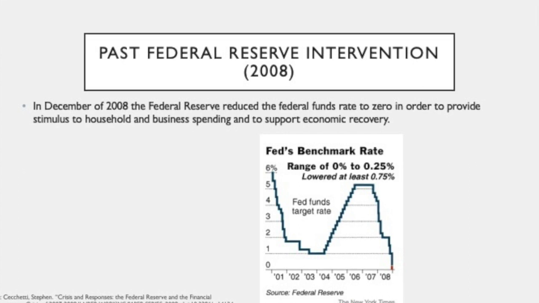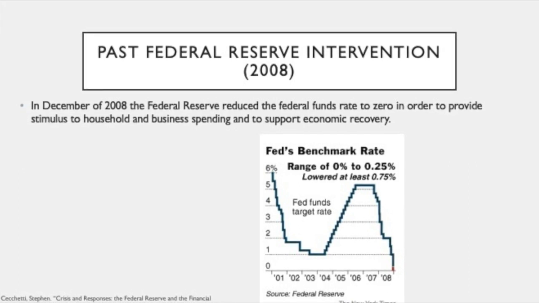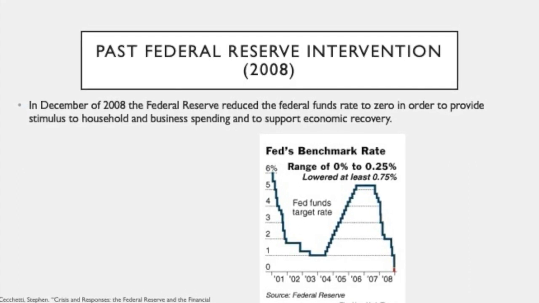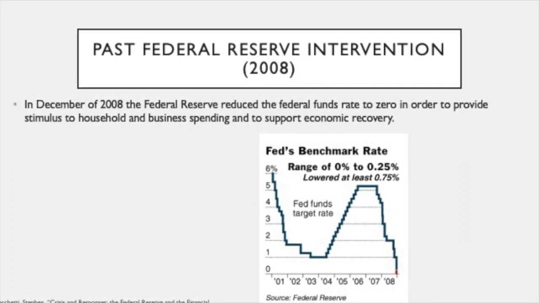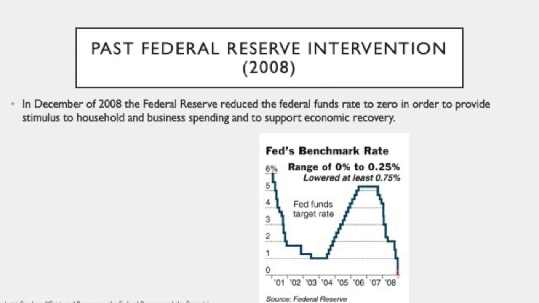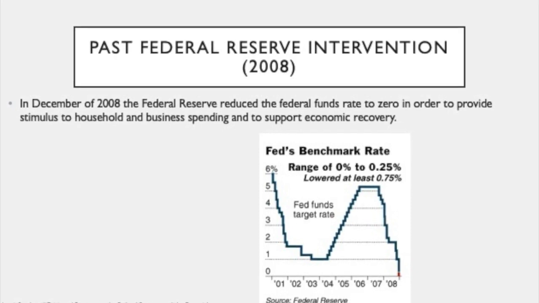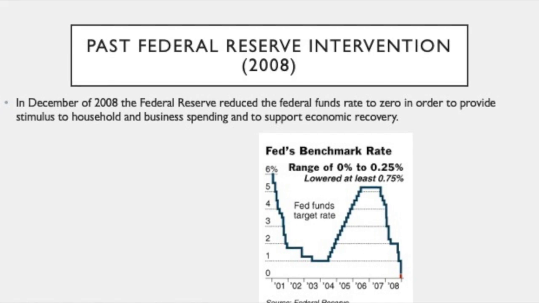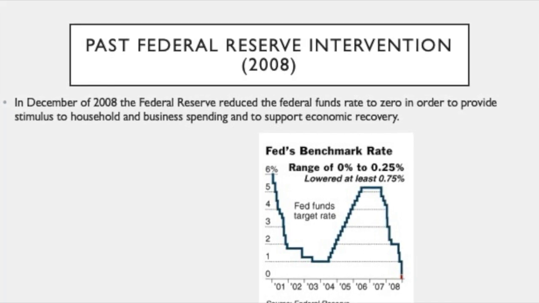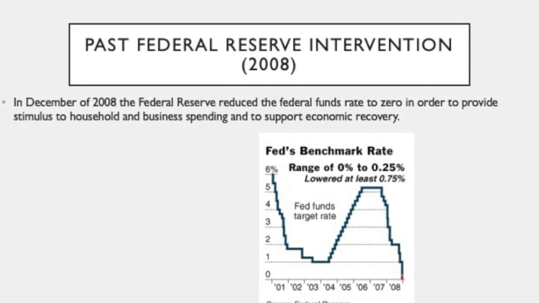In the graph here, you can see that the federal funds rate was generally around 5, and they were increasing it between 2004 and 2007. But when too many subprime mortgage loans were being handed out, banks got crushed, and the Federal Reserve decided that they had to step in and they decreased the federal funds rate pretty much all the way down to zero.